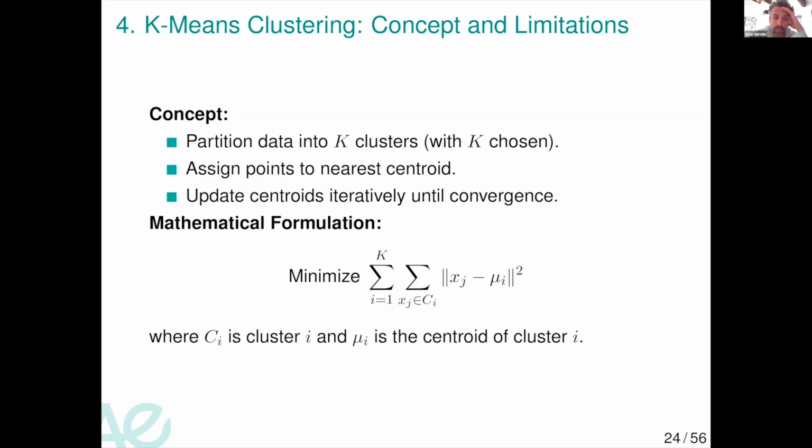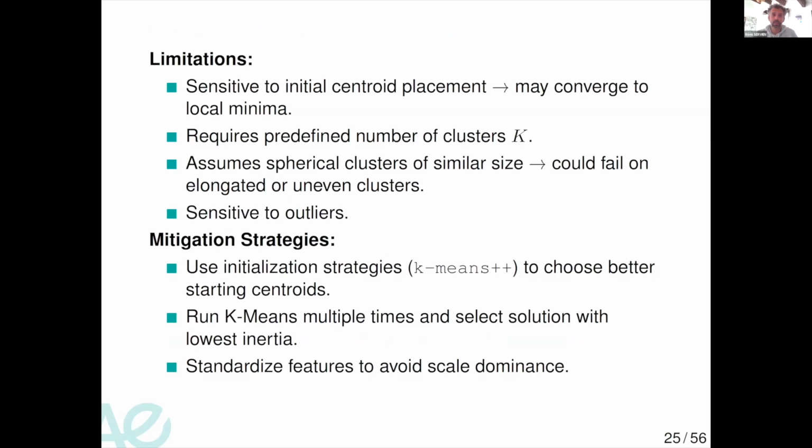You choose k points in your data set and you assign your points to the closest of the chosen points. There is also a mathematical formulation that is just a simple criterion to minimize, so it's not really difficult to optimize using any kind of optimization algorithm. And there are some limitations.